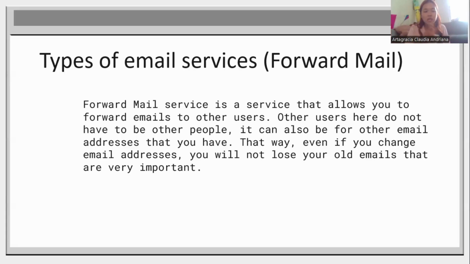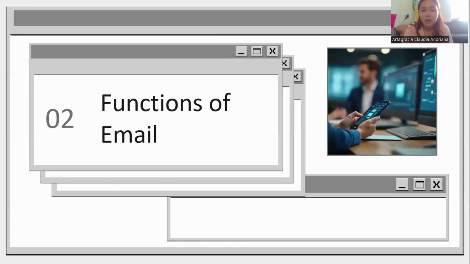This is if the email you have contains important content, so you have to get it back no matter what. The second method applies if the content of your emails is currently not that important. You can easily change your email address. For those of you who have often changed email addresses for various reasons, you can use forward mail.